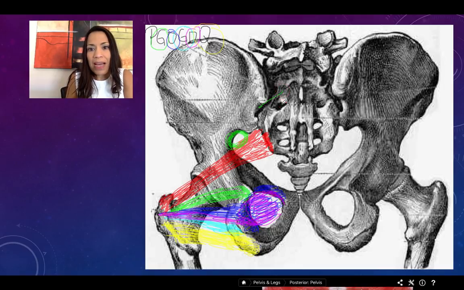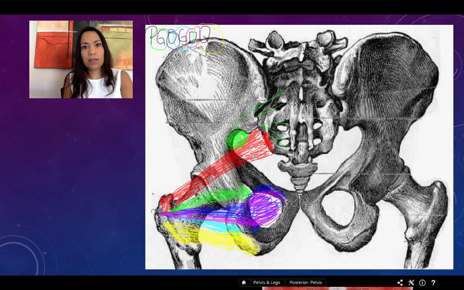It's formed by the branches of the sacral spinal nerves, and those nerves form the sciatic nerve. The sciatic nerve passes through the greater sciatic notch, right inferior to the piriformis muscle.